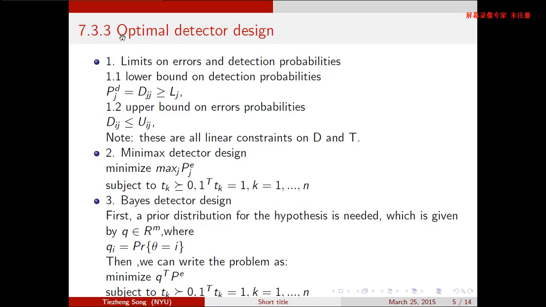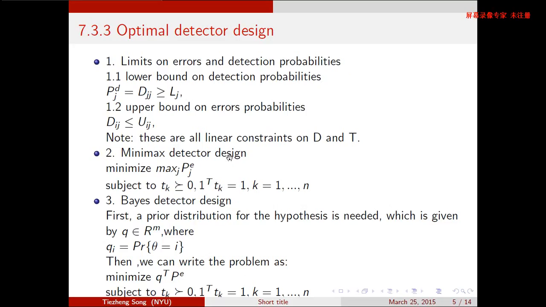So let's talk about optimal detector design. First, we need some constraints. The first one is the lower bound on detection probabilities, which is this one. The second one is the upper bound on the error probabilities, which is this.